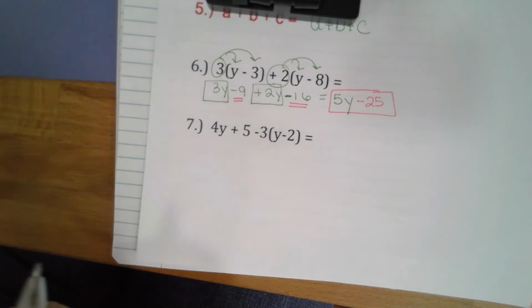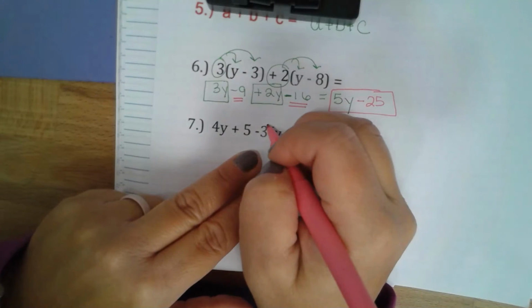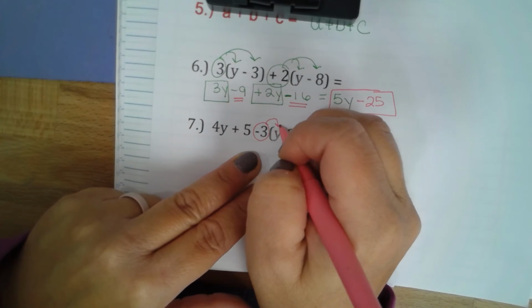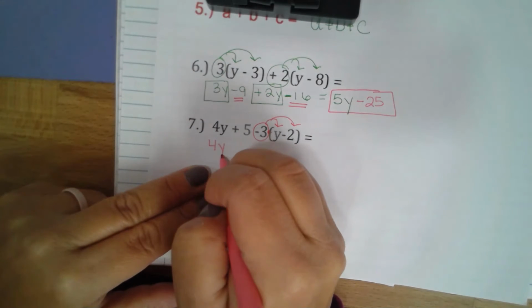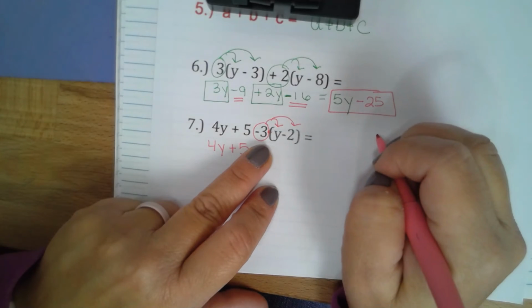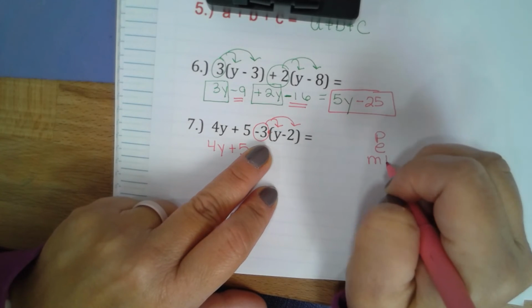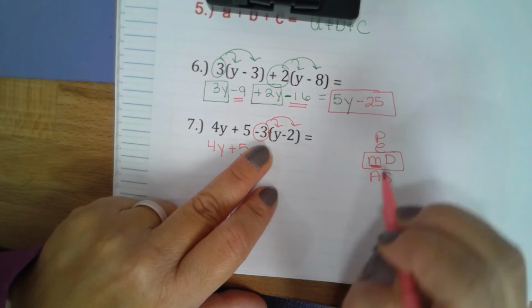All right, number 7. A little tricky. I'm not sure what you distributed, but you should have distributed the negative 3. Not the 3, it's a negative 3. This stays the same y, by the way. And you better not have subtracted 5 and 3 because what comes first? Multiplying, right?